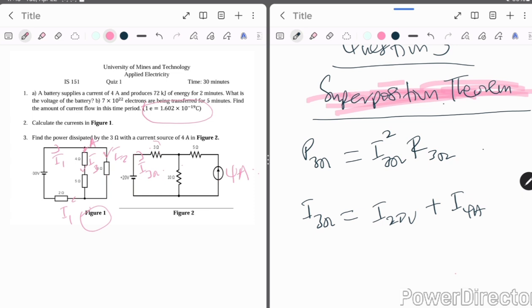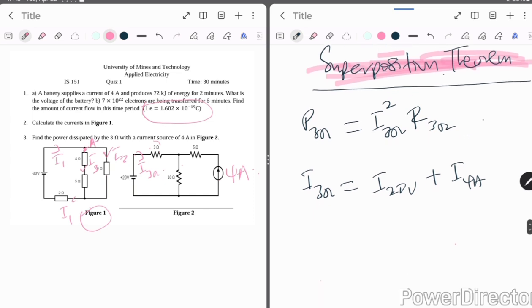That is the superposition theorem, right? So if you have current passing through an element, the algebraic sum of the current is going to be equal to the algebraic sum of the current due to each source acting alone, right?